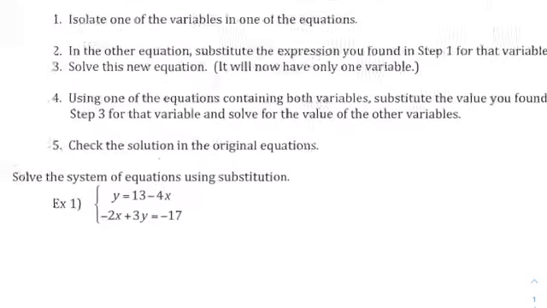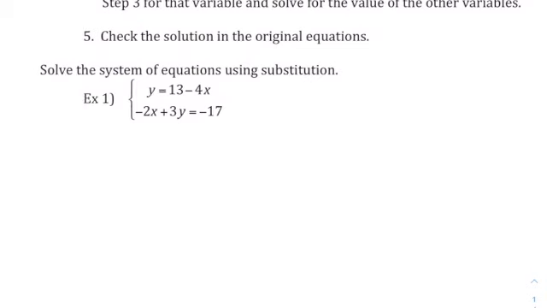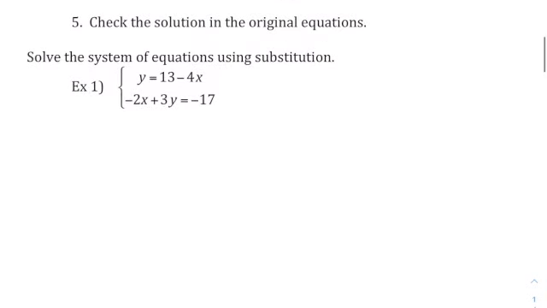Okay, let's start with example number 1. Example number 1 is very nice. It already has the y by itself. That's the way we want to have it, either y or x by itself. Since y is already by itself, we are going to take this 13 minus 4x and plug it into the y position, replacing it.